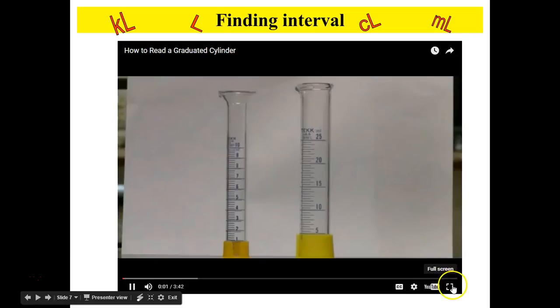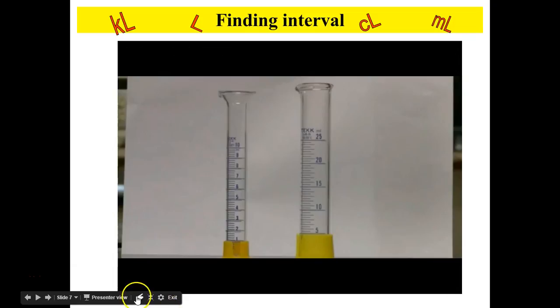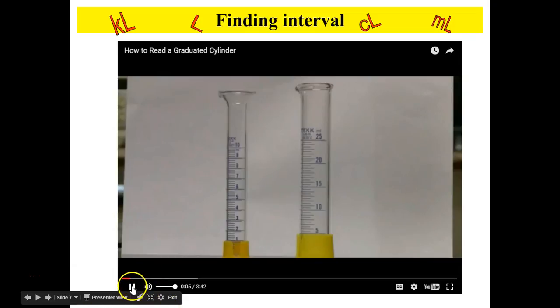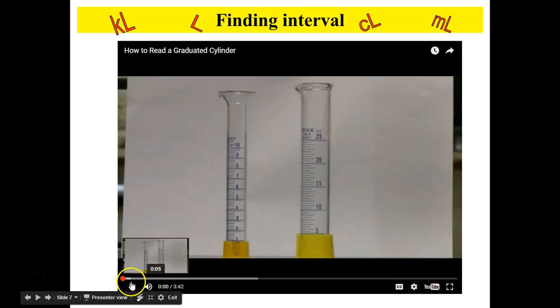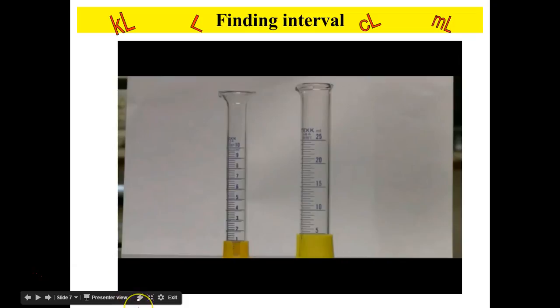Video, we're going to learn how to measure liquids accurately and precisely using graduated cylinders. It's very important when you measure any type of liquid, you use a graduated cylinder like these.